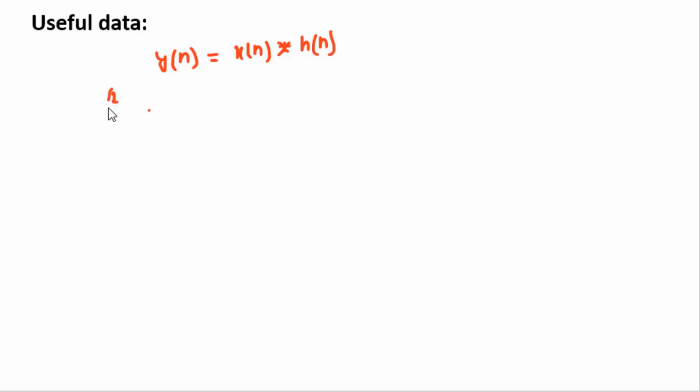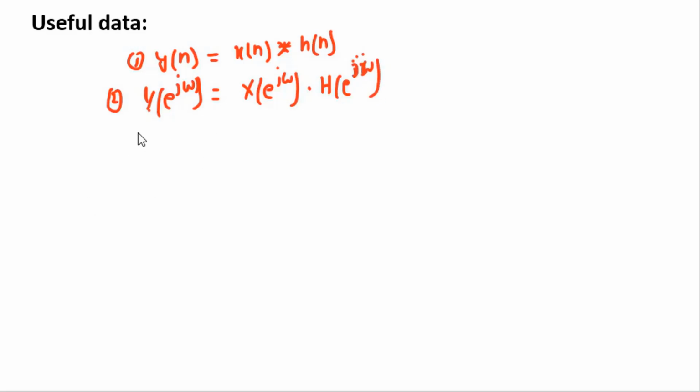The second one is that in the frequency domain, this gives Y of e to the power j omega equals X of e to the power j omega multiplied with the filter transfer function, H of e to the power j omega.